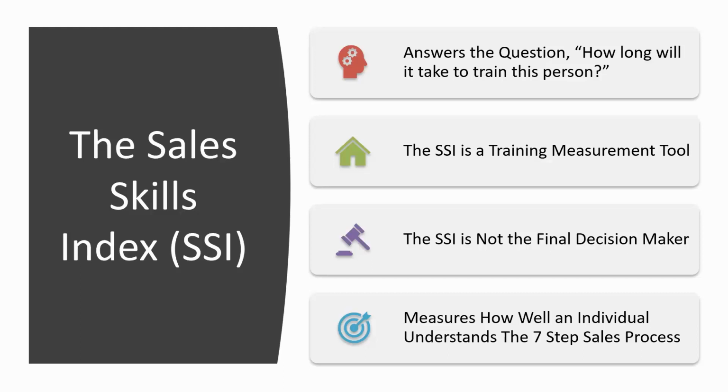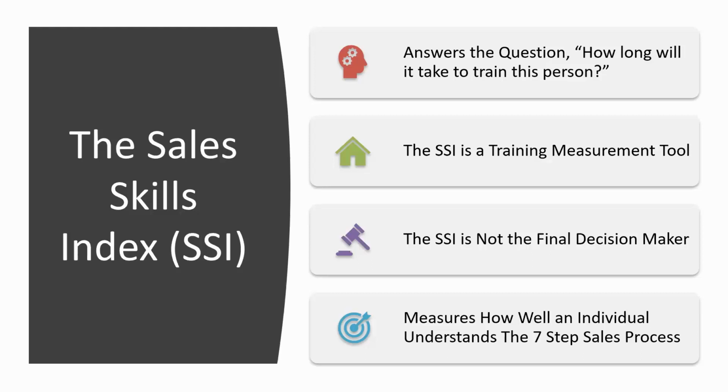Okay, so we really want to understand what they know about the 7-step sales process. Again, different from the DISC behavioral assessment and the Motivators Assessment, the Sales Skills Index tells us how well an individual understands the 7-step sales process. And why is that important? Because during the sales hiring process, it answers the question: how long will it take to train this sales professional?